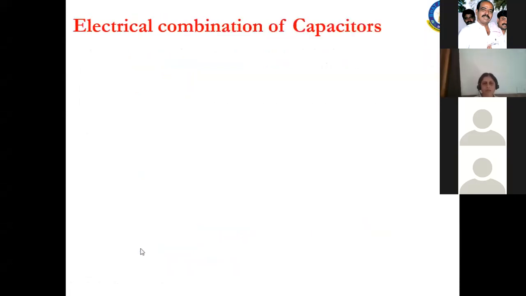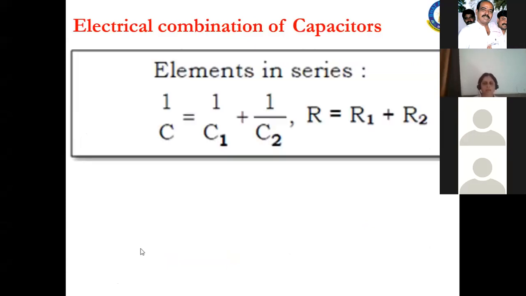Now coming to the combination of capacitors. We can combine a number of capacitors in two different ways, series and parallel.